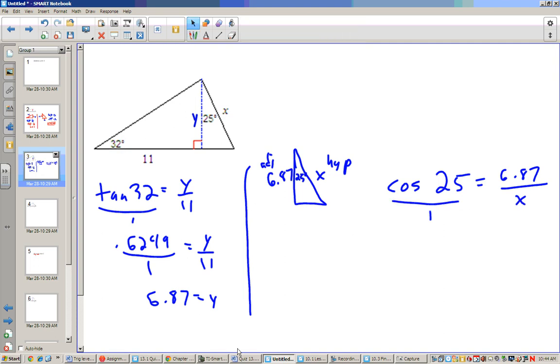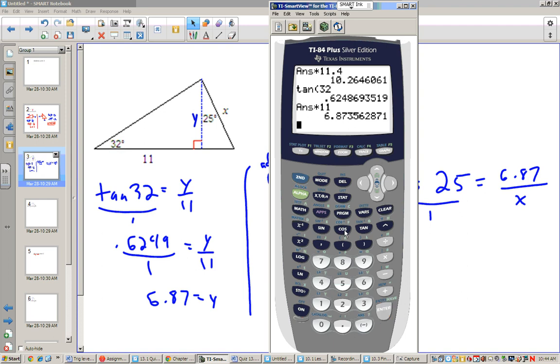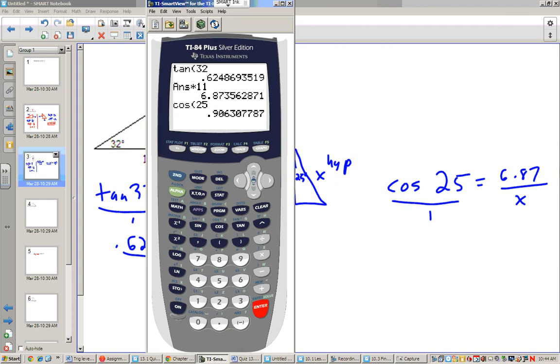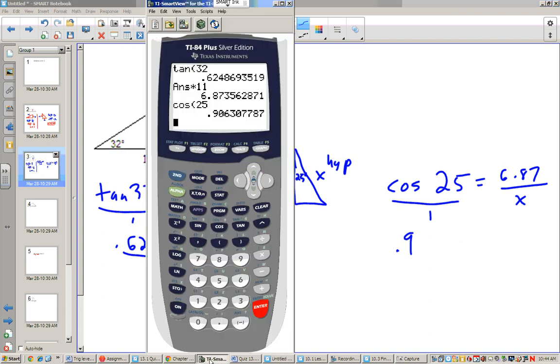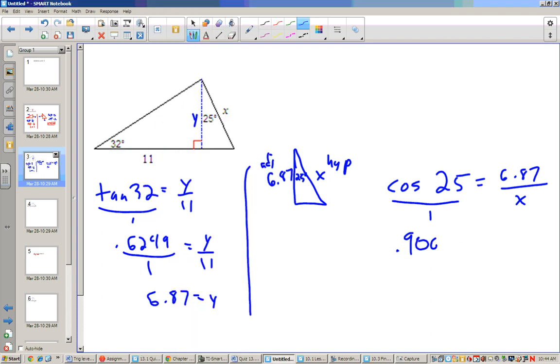Now I go back to my calculator, cosine of 25, enter, 0.9063. So 0.9063 over 1 is equal to 6.87 over x.